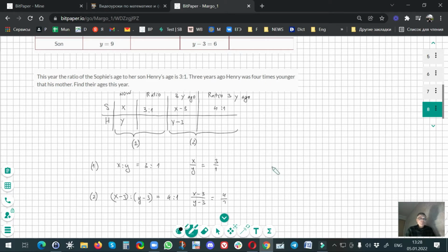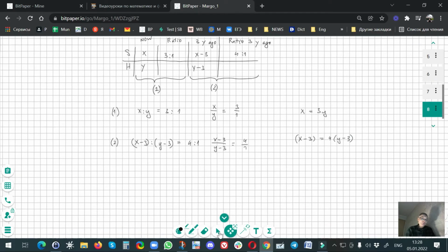The first equation gives us, we crisscross multiply, x is equal to 3y. And the second proportion gives us x minus 3 is equal to 4 times y minus 3. Then, in solving and going further, we don't change the first equation.